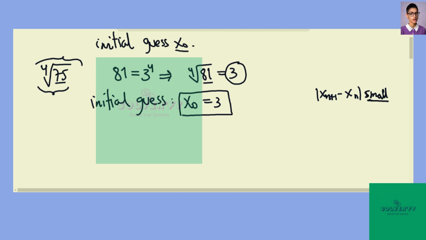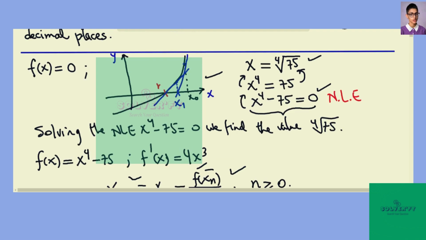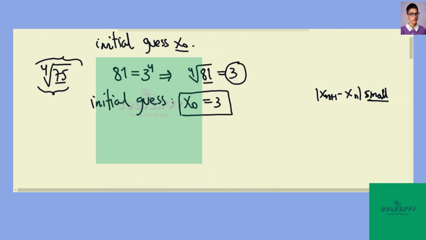Another way is that because we are solving the nonlinear equation f of x equals 0, we can also check this, if the function evaluated at an iterate is small. But we can combine both of those conditions. And with these conditions, we stop the iterations.